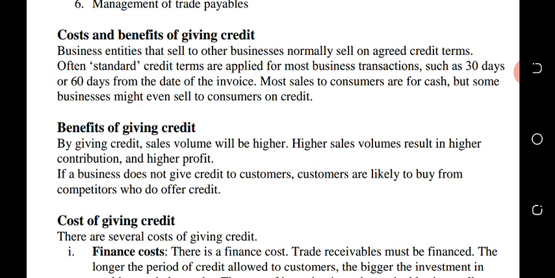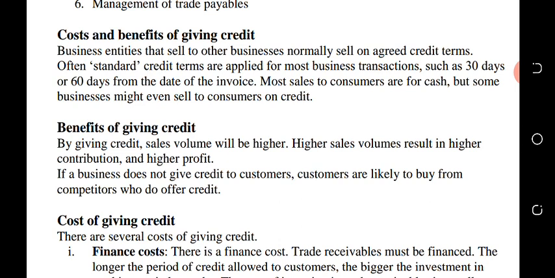Now, often standard credit terms are applied for most business transactions, such as 30 days or 60 days from the date of the invoice. Most sales to customers are for cash, but some businesses might sell to customers on credit.